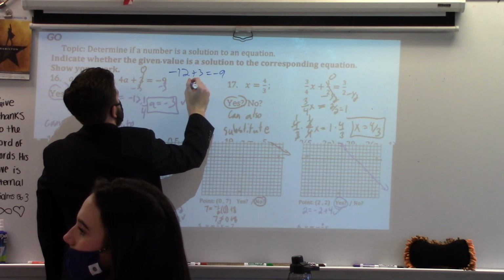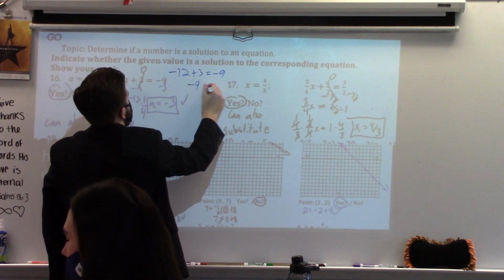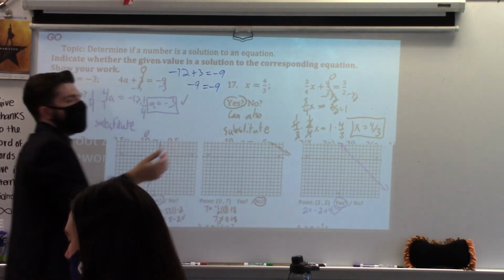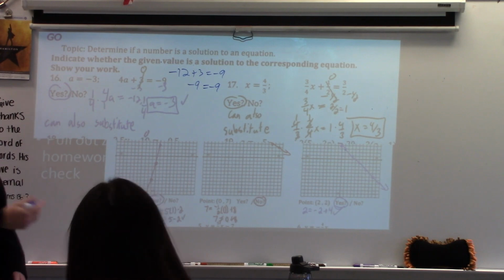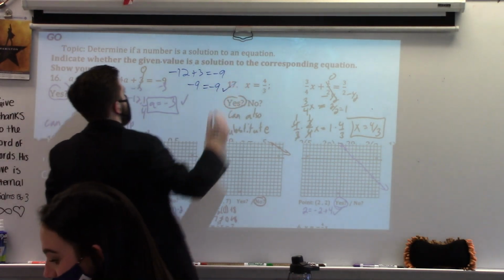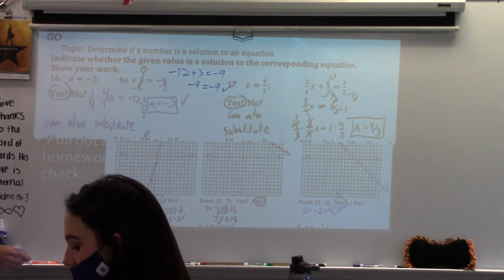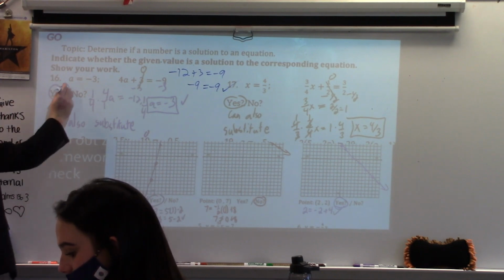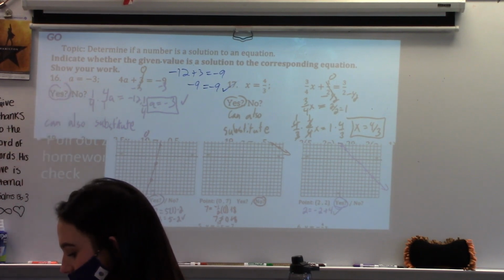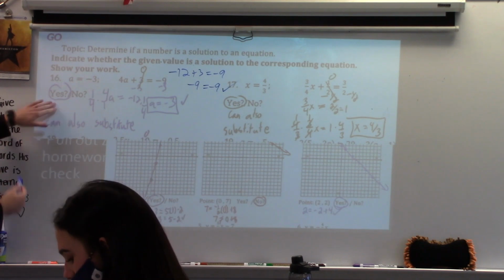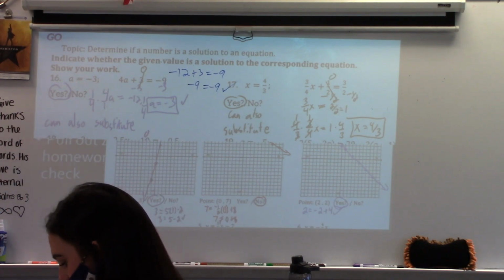And when we put that in a calculator, we got negative 9. Is negative 9 equal to negative 9? Yeah, that is true. True on all occasions. I said most because I haven't met one yet. So that's why negative 3 is a solution, because it makes the equation what? True. We're going to continue to hammer on that.